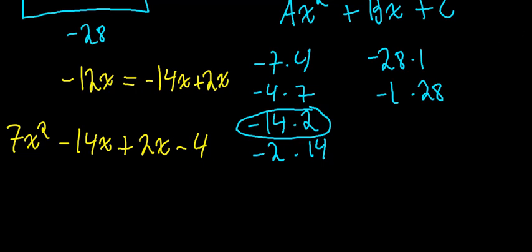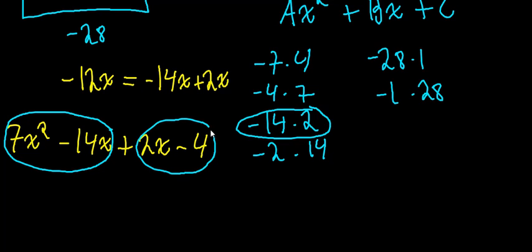Okay, so now once we write the b term like this, check out what we can do. We can factor this binomial and this binomial individually, independent from each other. So what I mean by that is if we wanted to factor this binomial just by itself, we could take out a 7 and an x. We could distribute out a 7 and an x to get 7x times x minus 2.